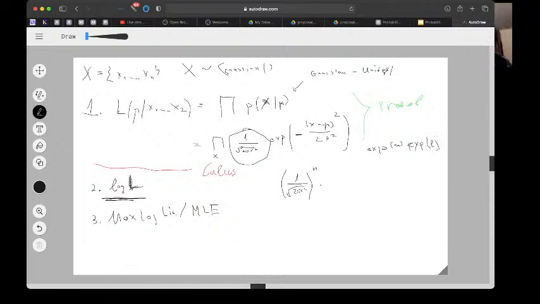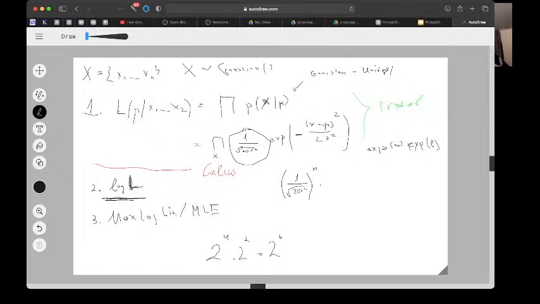Or maybe it's just easier like that. You have 2 to the power of 4 times 2 to the power of 2, and this is equal to 2 to the power of 6. Right?